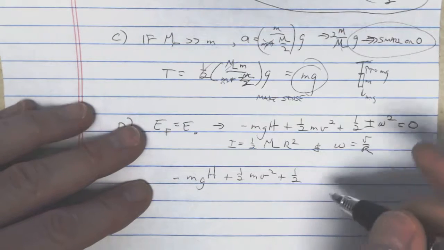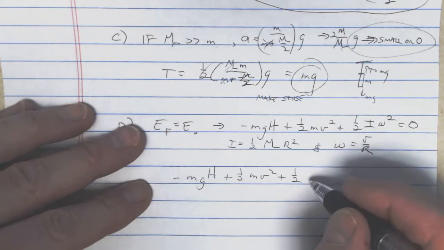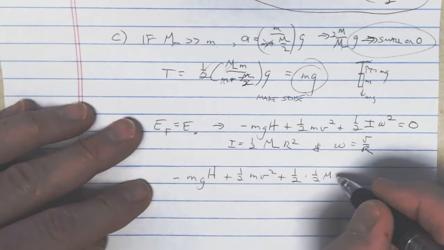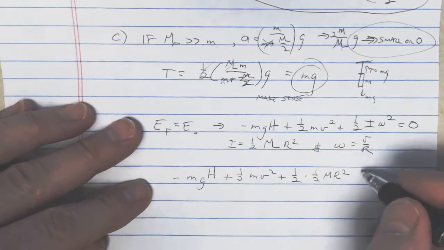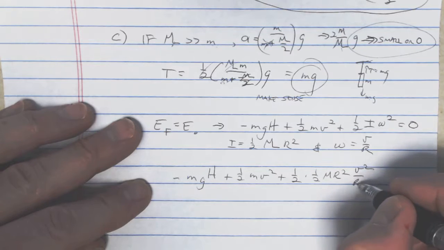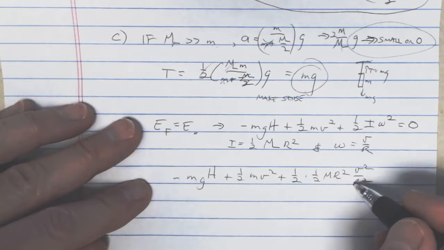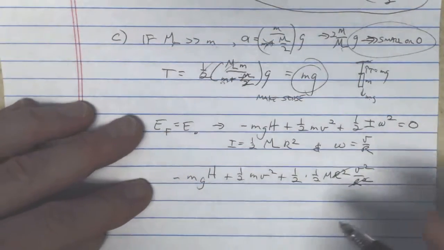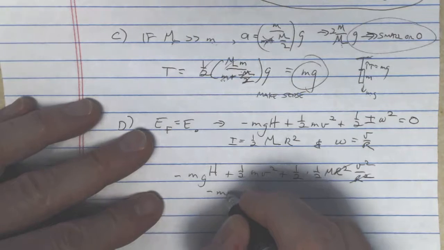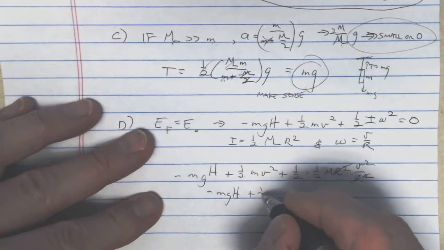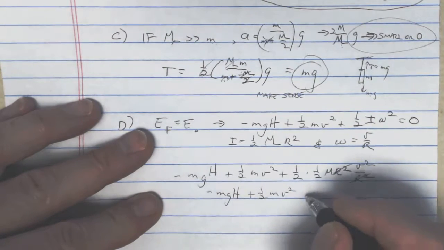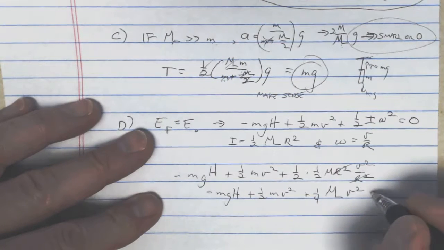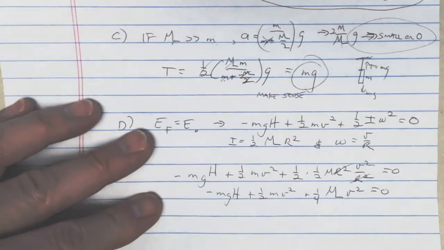Now we have 1/2 I, which is 1/2 times 1/2 M r squared, and omega squared is v squared over r squared. Things simplify because this r squared cancels that r squared. And what we end up with is negative mgh plus 1/2 mv squared plus 1/4 capital M v squared equals 0.